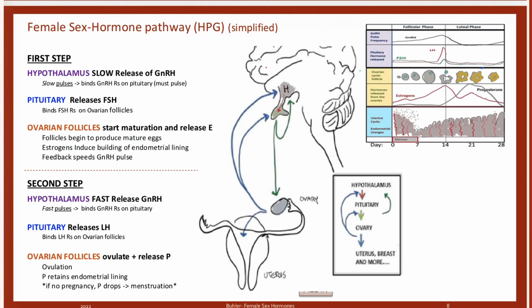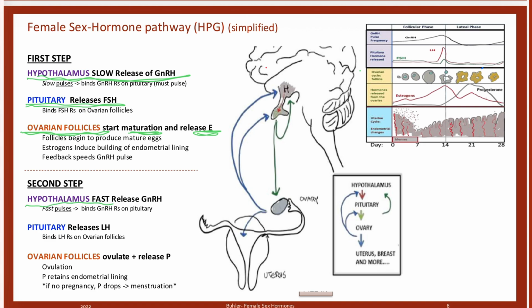So just saying it again, hypothalamus has a release of GnRH, has to pulse. Pituitary then releases the FSH, and that causes the ovarian follicles to mature. And it also causes them to release estrogen. That estrogen is what comes back and tells the hypothalamus to now change the GnRH pulse frequency.